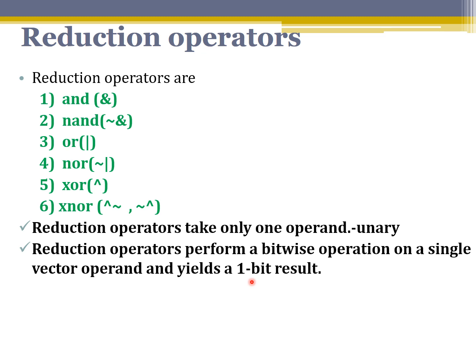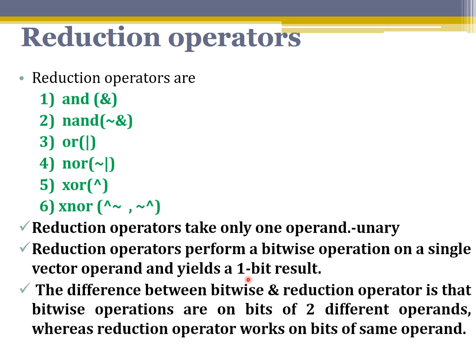So if we have two 4-bit numbers, for a bitwise operator, the answer will be a 4-bit number. But in a reduction operator, even if we have a 16-bit number, the final answer will be a 1-bit answer. So the major difference is that bitwise needs two operands, while reduction works on the bits of the same operand. We will understand this with an example.